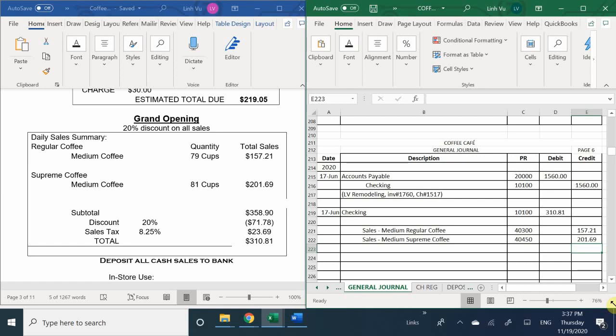Okay, so next we have to apply the discount. Apply the discount. Yes, but that goes in the debit column, right? Okay, so that is, let's see here. Here's discount.